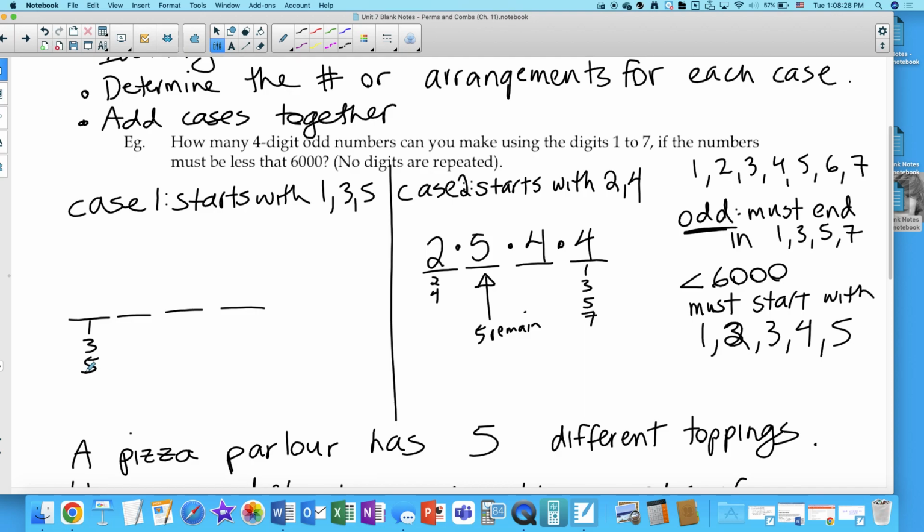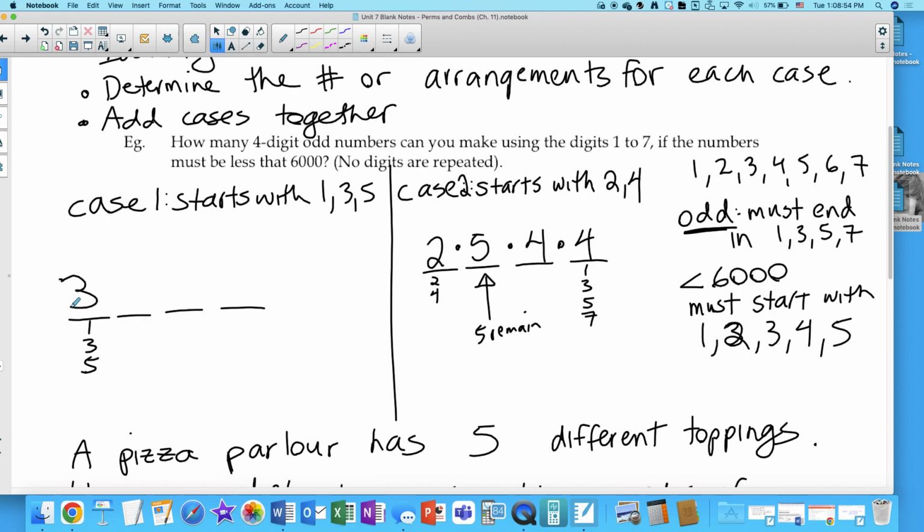There's 3 numbers that could go here. But now how many options do I have for the last number? Almost. 3, yeah, because I can now put the 7 back in, right? So there's 4 odd numbers altogether. I can only start with 3 of them, but I can end with any of them, right?